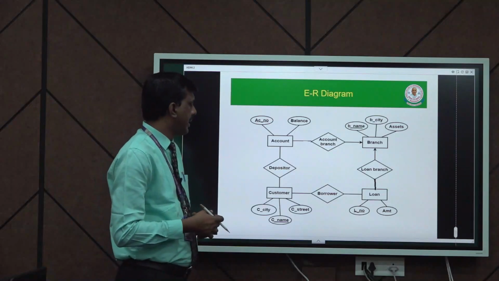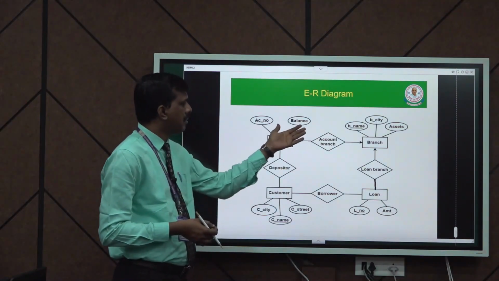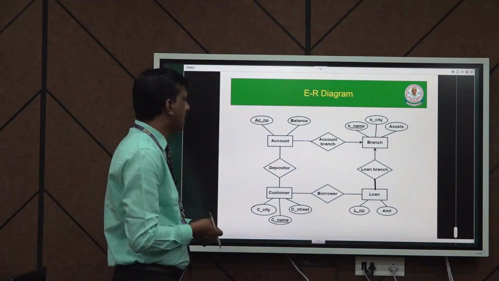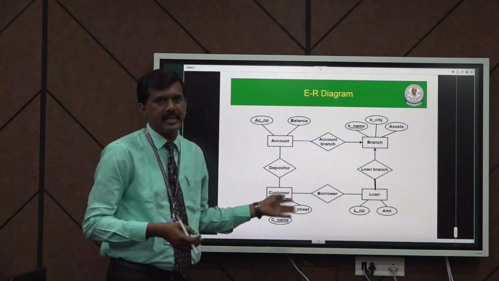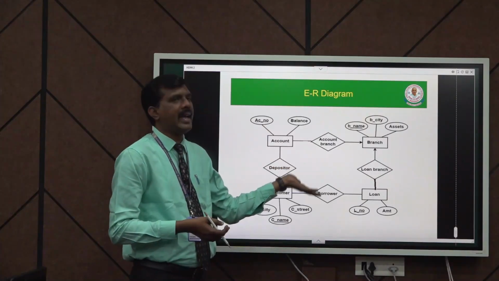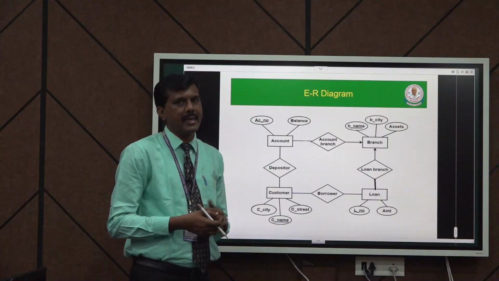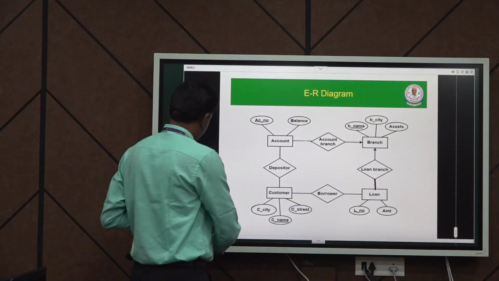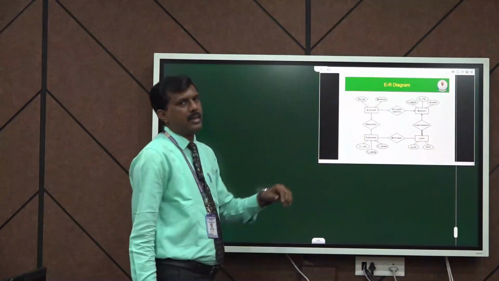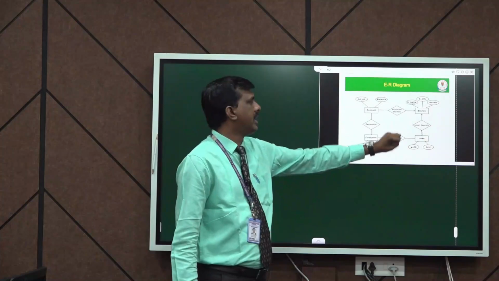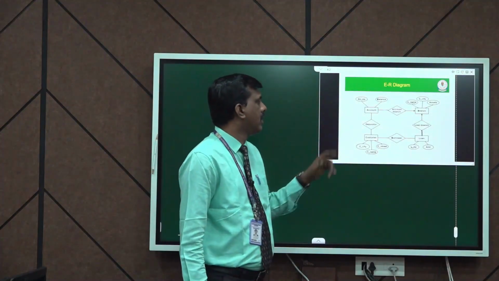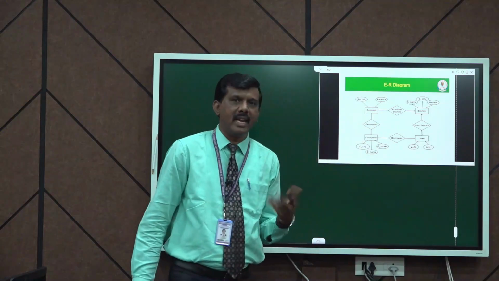It consists of customer, account, branch, and loan. 4 entities we have, and we also have relationships and various attributes. Now, how do you convert this ER diagram into a relational model? We will discuss. There are 4 different entities, and we also have 4 different relationships.